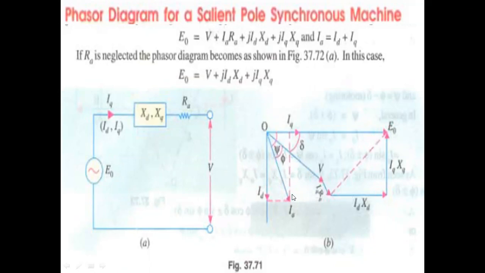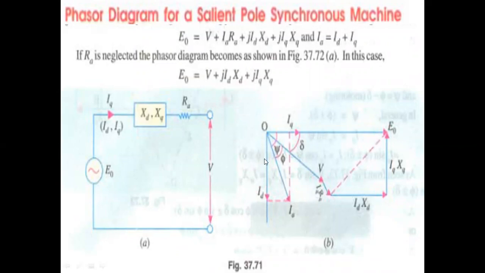IA is like this, so the IA RA drop is also like this. We have to add IA RA to V, so from the end of V, I start the IA RA drop. After that, the vector for the drop ID XD is drawn perpendicular to ID.